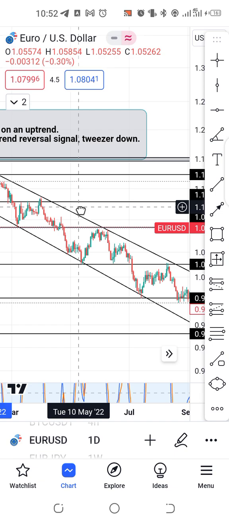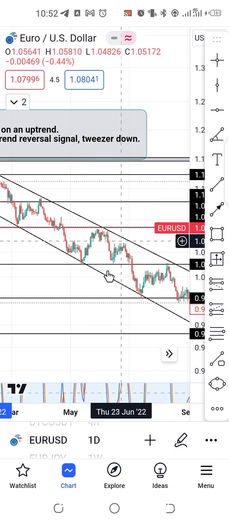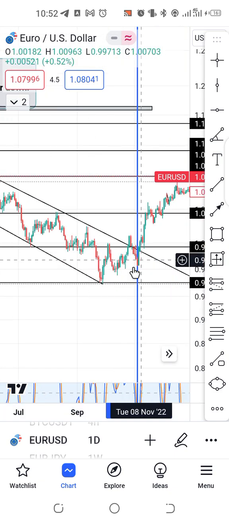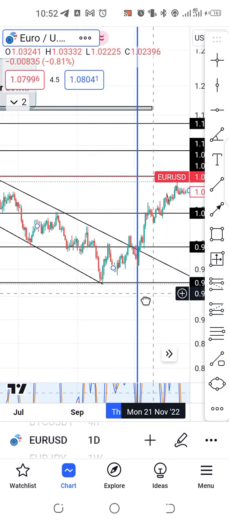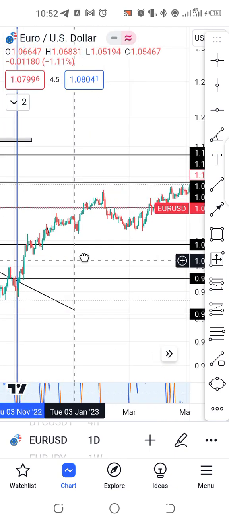Then another thing is, the previous candle helps you to know what is actually happening in the market. Now let's look carefully here. This was the end of the downtrend and the market picked another direction, was going up.